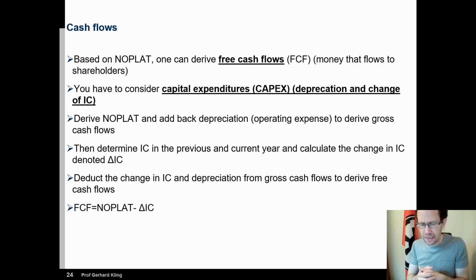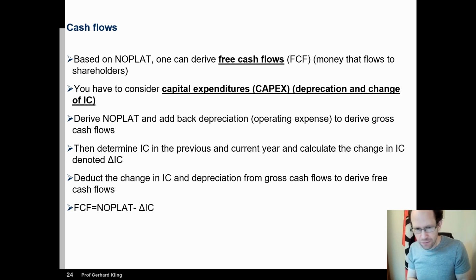Or put differently, whether I pay this money as a dividend or not, that doesn't affect the size of it, doesn't affect the value. So that's the main idea behind this. So we don't look at distributional effects, we look at the total size of the value that you can generate from running your business.